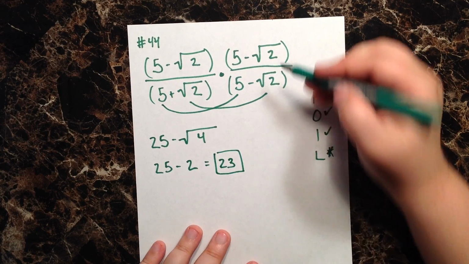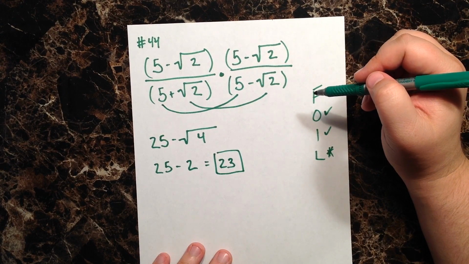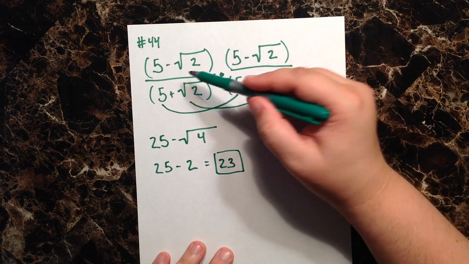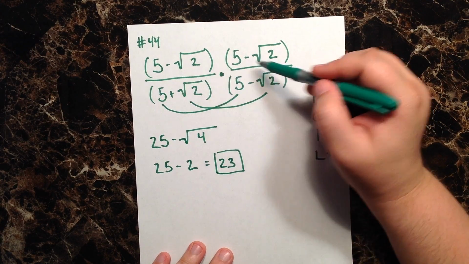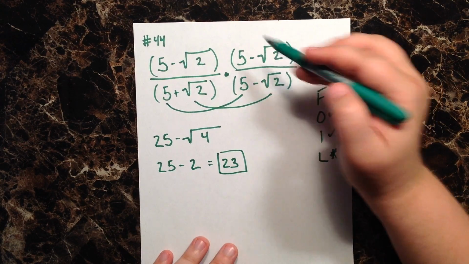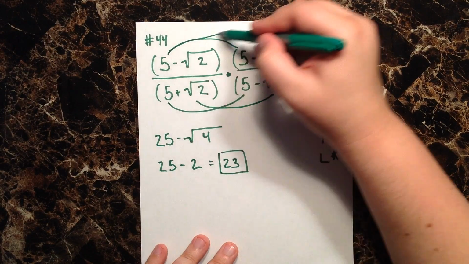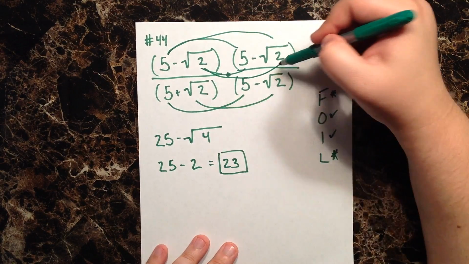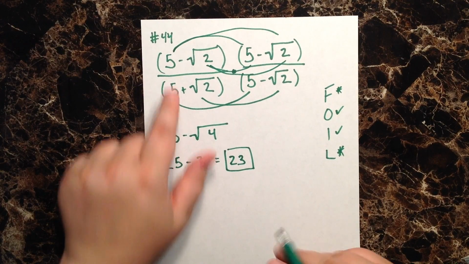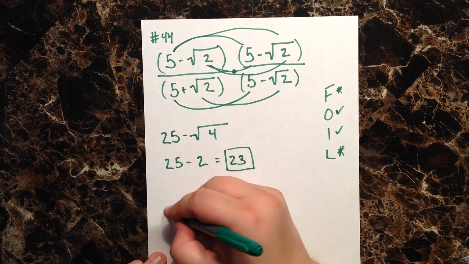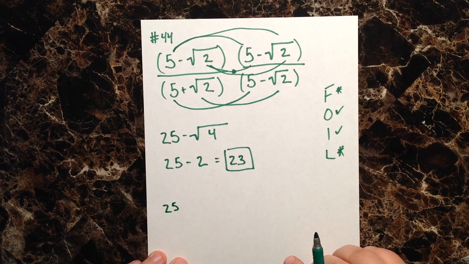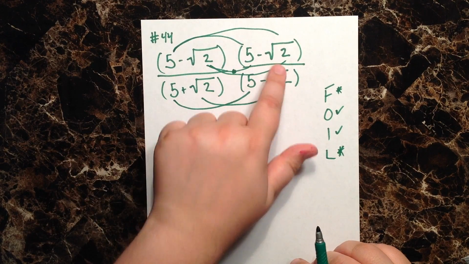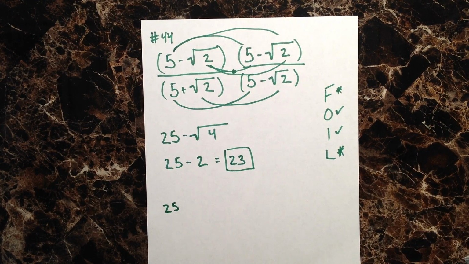But we're not quite finished yet because we have to multiply our numerators together. And in this case, they're not conjugates. You can see that they are the exact same. And so we have to FOIL the whole thing out in order to find out what our new numerator is going to be. Well, what is 5 times 5? Well, again, that's 25. 5 times negative radical 2. Oops.